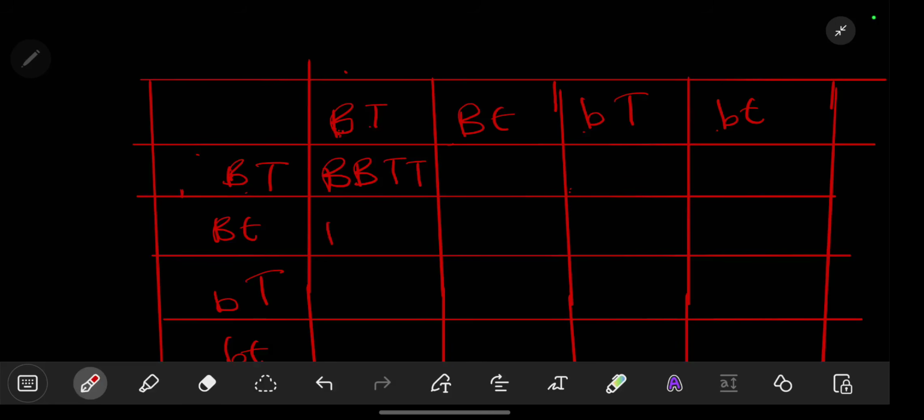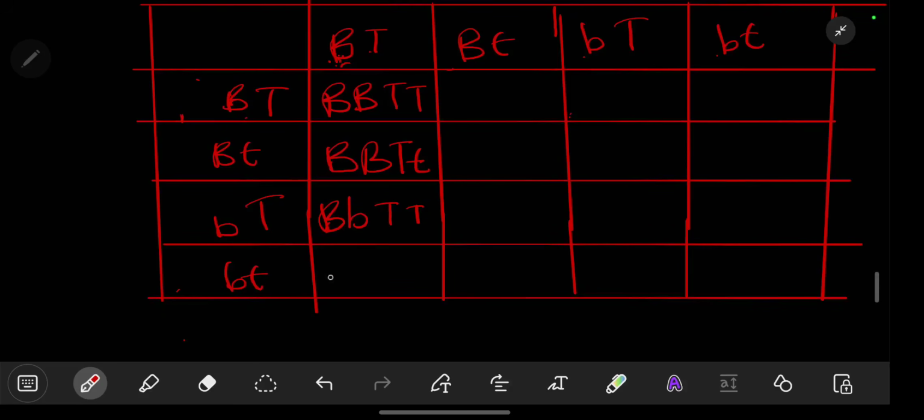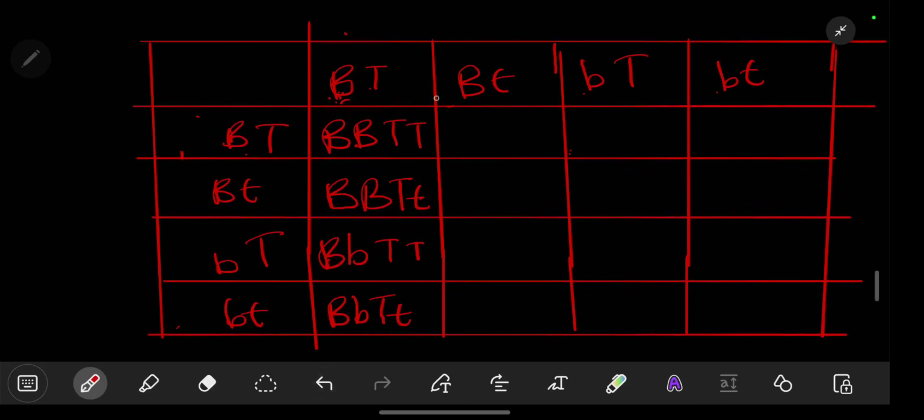And with that, so we have B, another B. Then we have our T, small t from here. Then we are here, our B, small b, our big T, big T. This is a big T. Then here we have our B, small b. We have our big T, small t, like that. Then our big B, big B, big T, small t. We have our big B, big B. We have our T, small t.